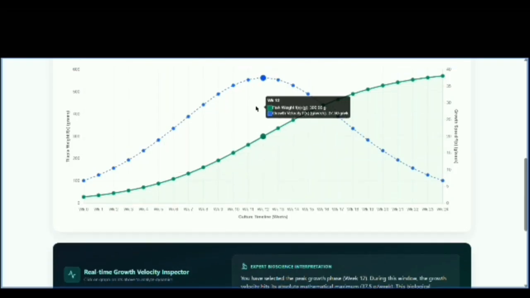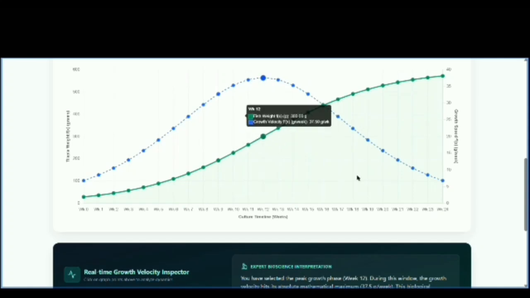It tells the farmer the exact time when the species needs optimal nutrition and maximum oxygenation. After this peak, the growth rate starts to slow down, so farmers can adjust their feeding and resources perfectly.